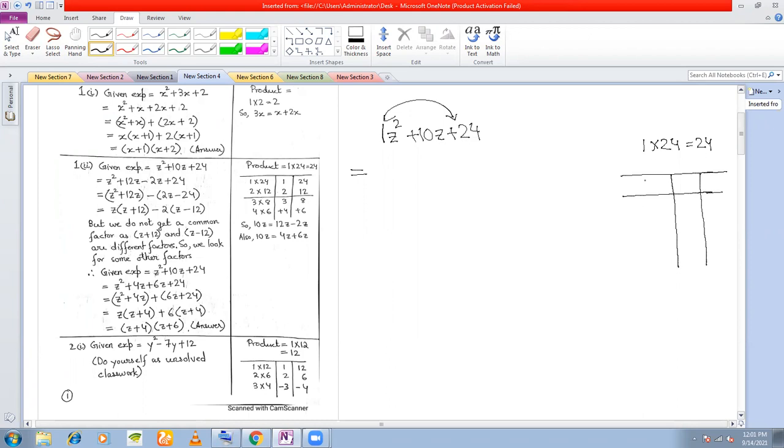So 24 I have got. So 24 I need to factorize into two factors. So what are the factors? First factor is 1 into 24. Can you add 1 and 24 in any way to get plus 10? Is it possible? By any combination of signs, you take plus 1 plus 24, you will get 25. You take minus 1 and plus 24, you'll get 23.